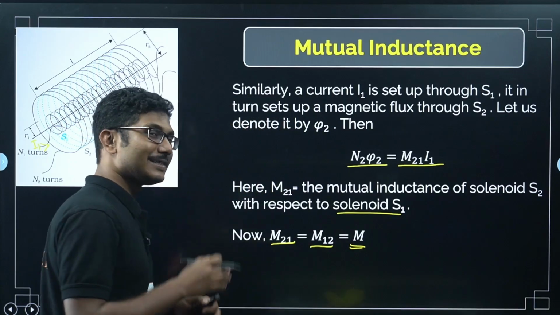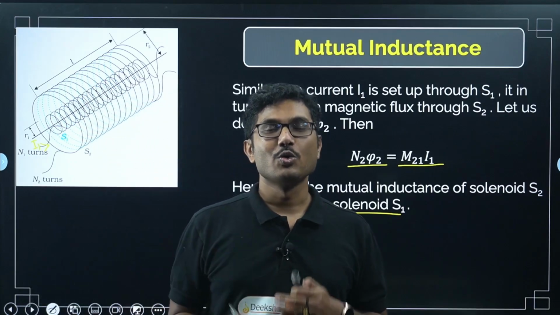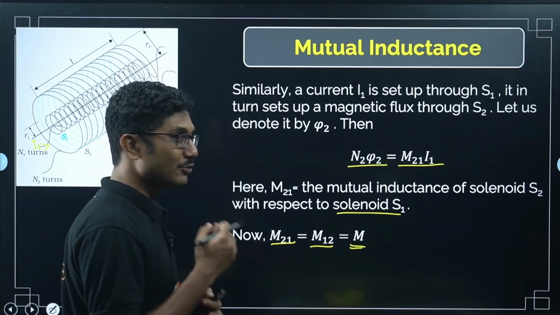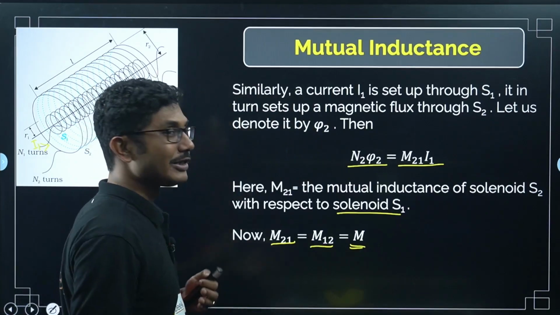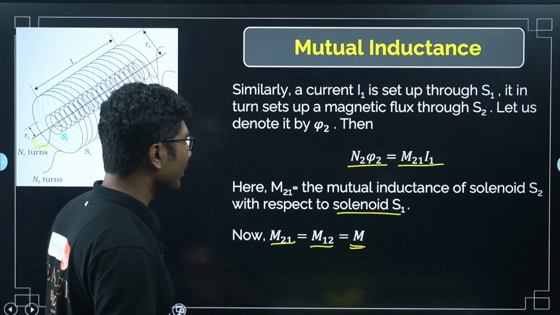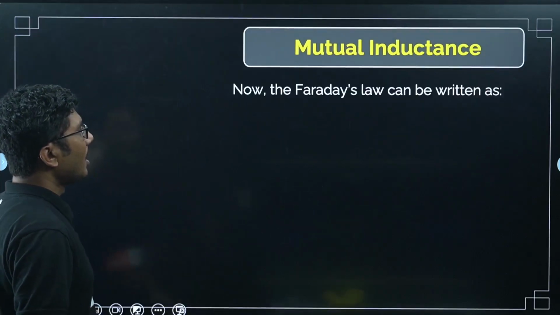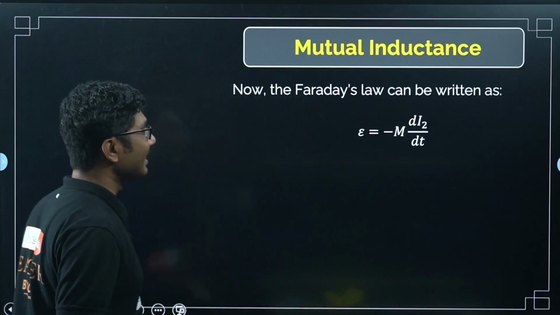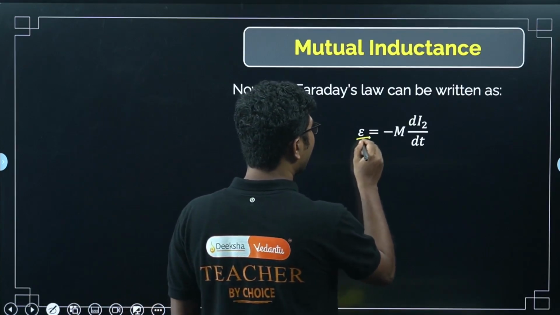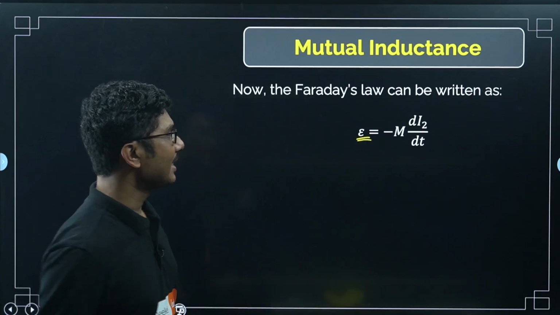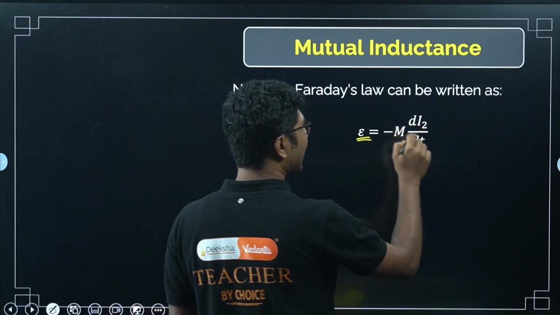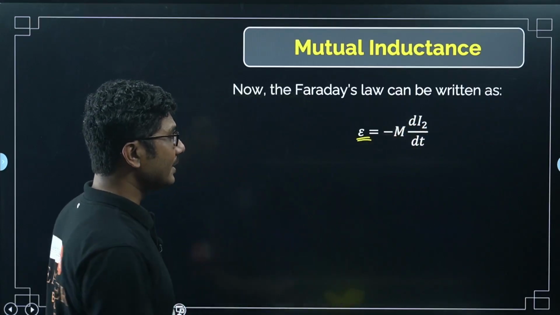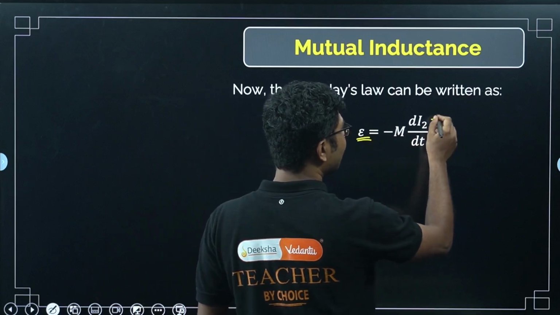So mutual inductance is the relationship between two coils, two mutually linked solenoids, two mutually linked coils. Now Faraday's law can be written as the induced EMF equals minus M di2 by dt, when the current is passing through the S2 coil.